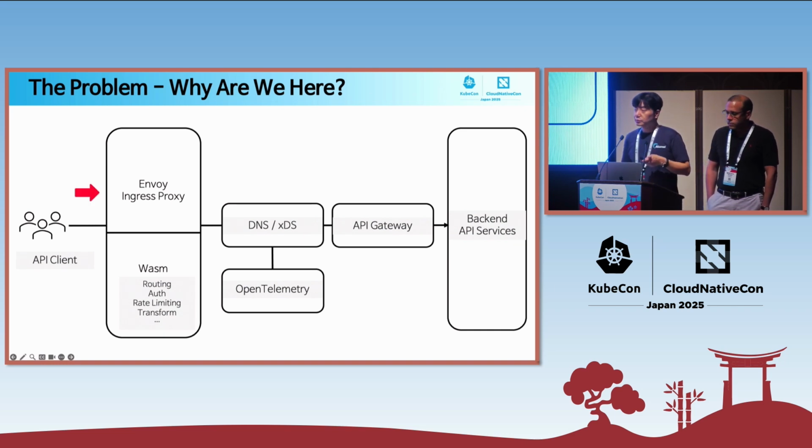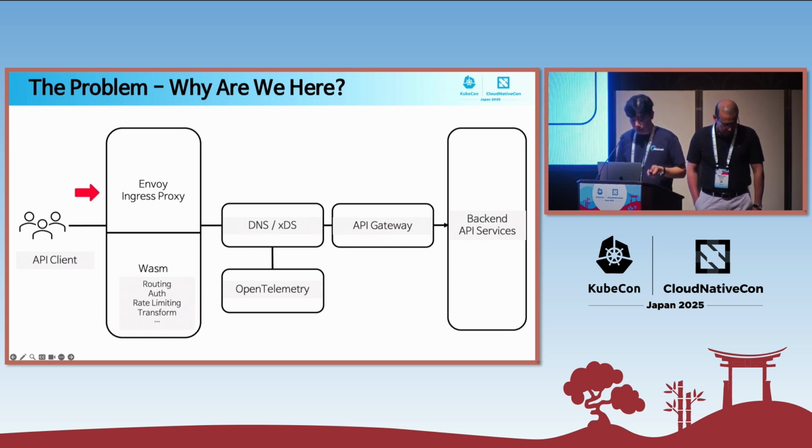This scenario is more focused on having Envoy as the ingress, the proxy server. Envoy itself is a very strong open source proxy, but it is very hard to have complex logic and policies in Envoy itself. That's why we added the Wasm filters.